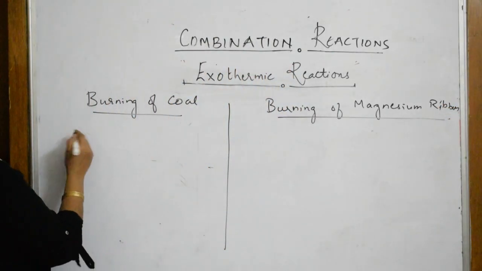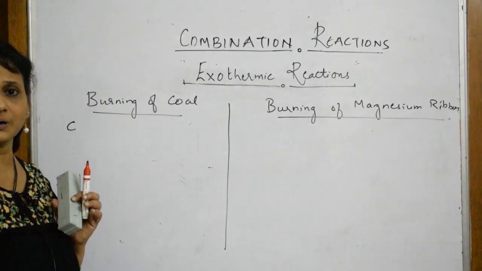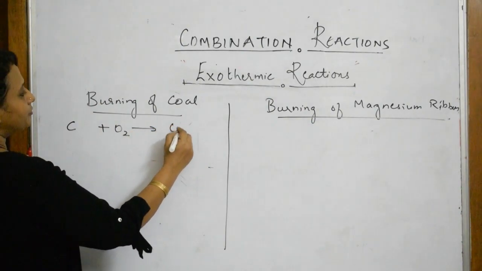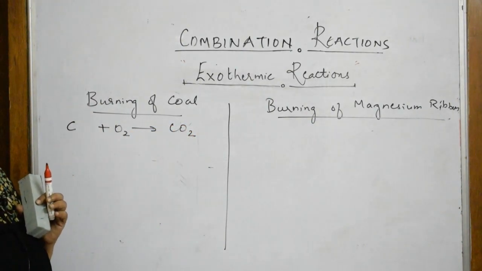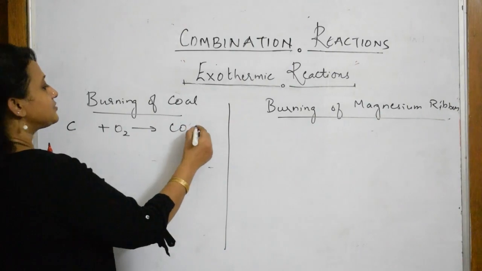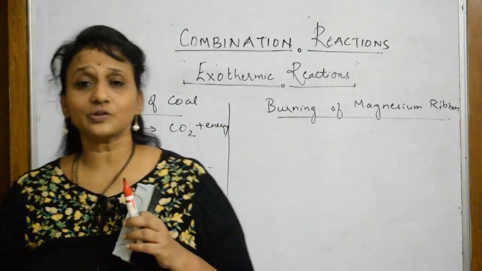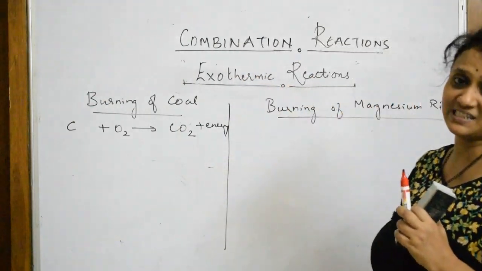Coal is nothing but carbon compounds. When you burn or combust coal, it forms carbon dioxide. Along with this, a lot of energy is released. That energy also has a lot of uses, which we'll be seeing now.